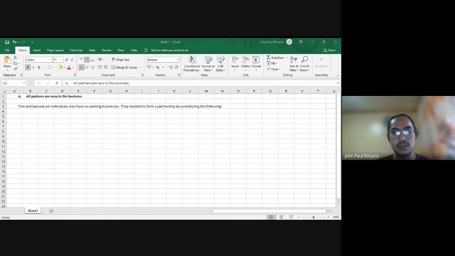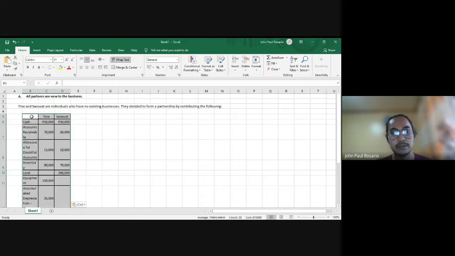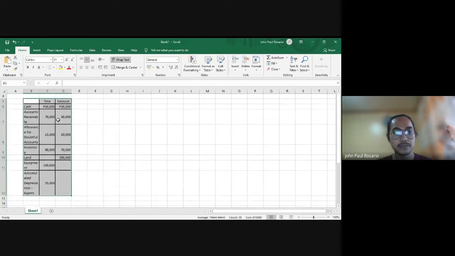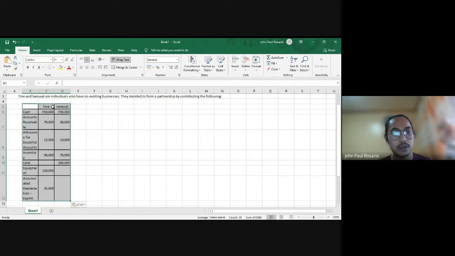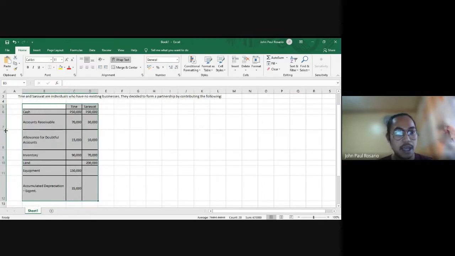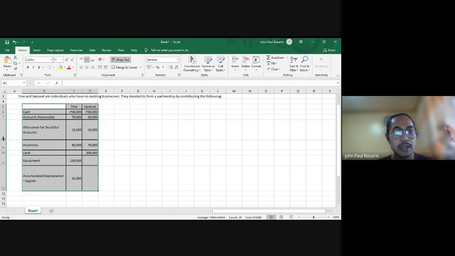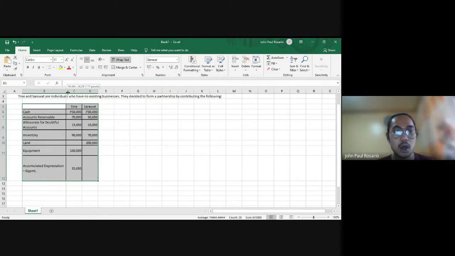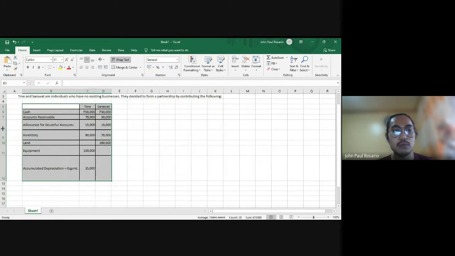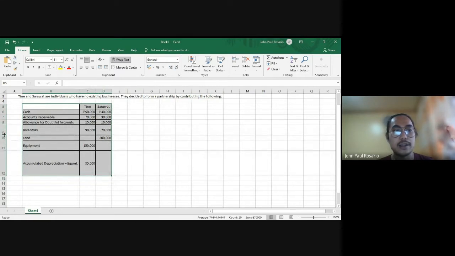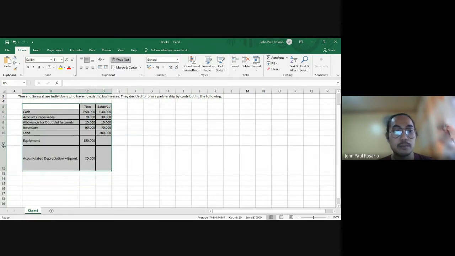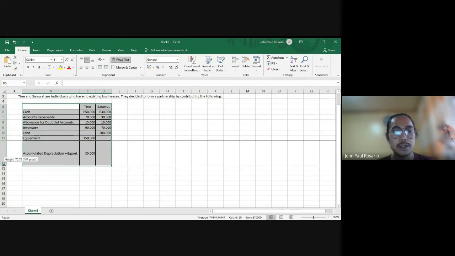Normally, the contributions of partners would usually be just cash if they're new to the business. But I have shown you a lot of different accounts contributed here because I want to introduce to you already how to compute the amounts that will be recorded in the partnership books.